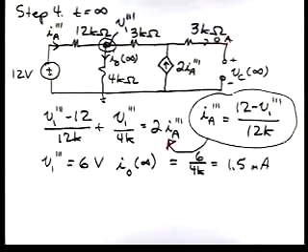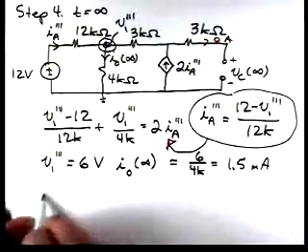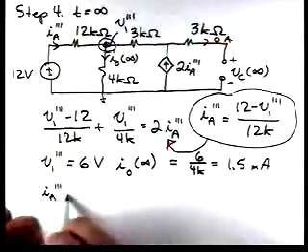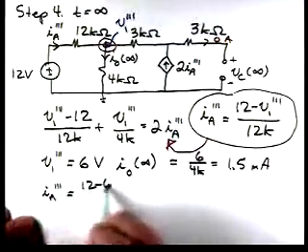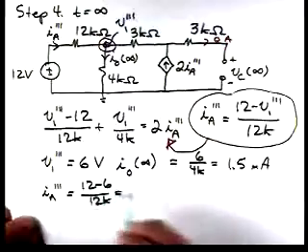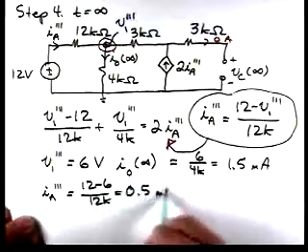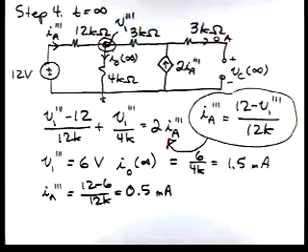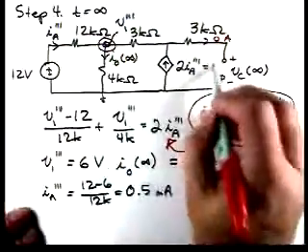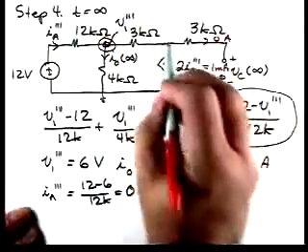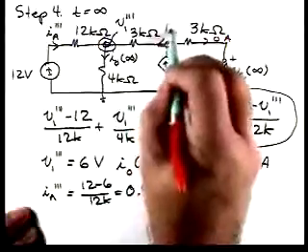Now while we're here, let's calculate VC of infinity. To do that, let's calculate IA triple prime. IA triple prime is 12 minus 6 over 12K, which is 0.5 milliamps. So this source has a value of 1 milliamp, which tells us there's 1 milliamp here.